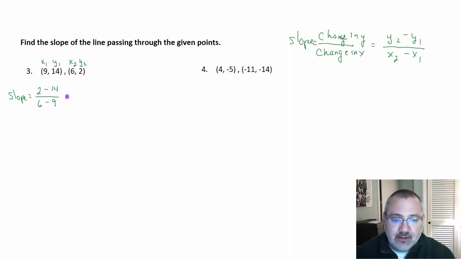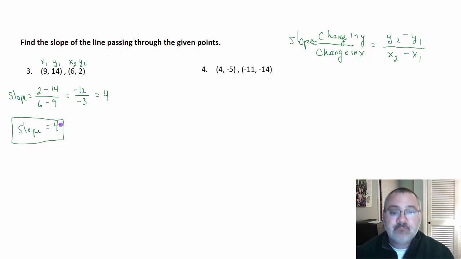Now, if we subtract this, 2 minus 14 is negative 12, and 6 minus 9 is negative 3. Negative 12 divided by negative 3 is positive 4. So the slope of the line that goes through these points is 4, even without seeing it. But we could graph it just to check. Let's try one more.